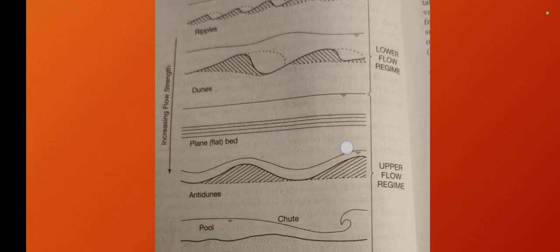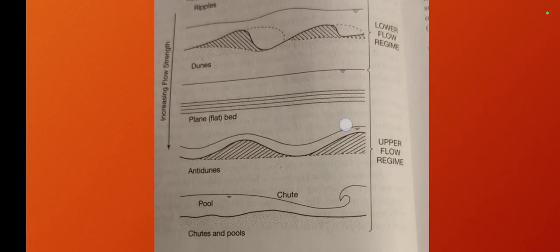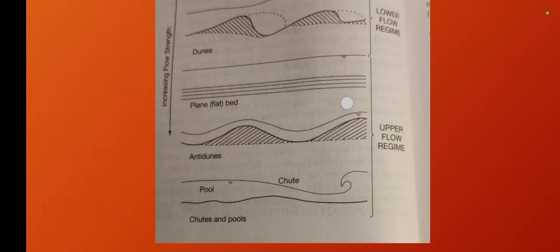As the flow strength increases, it forms plane beds, and with more intensity of flow, it will reverse the direction of cross lamination in the case of antidunes. Consequently, as the flow strength finally increases, it forms the pool and chute structures.